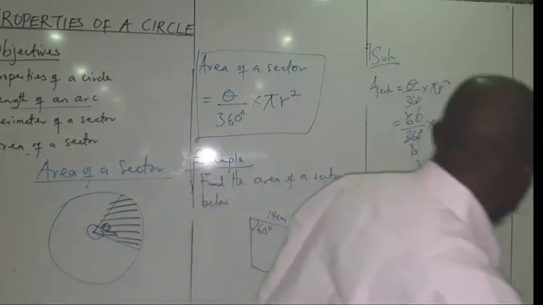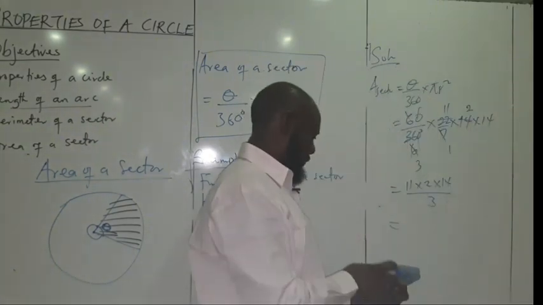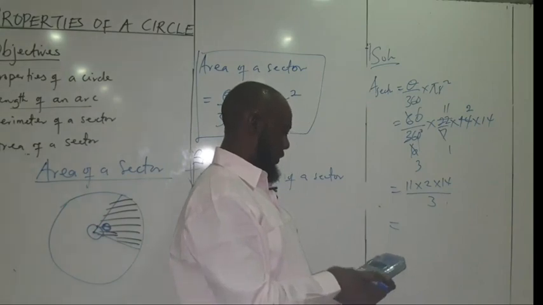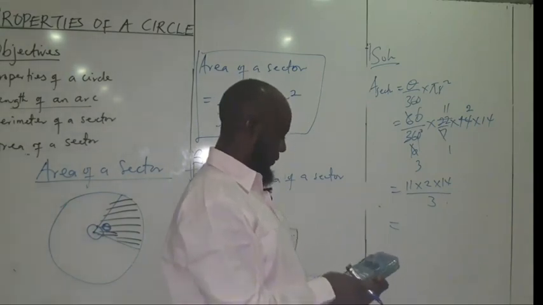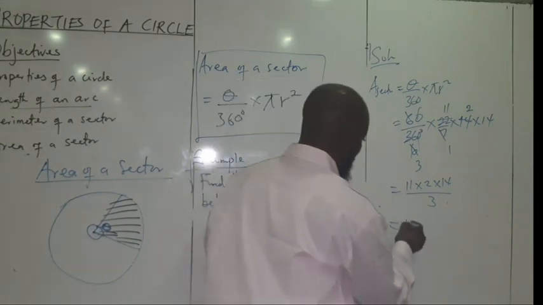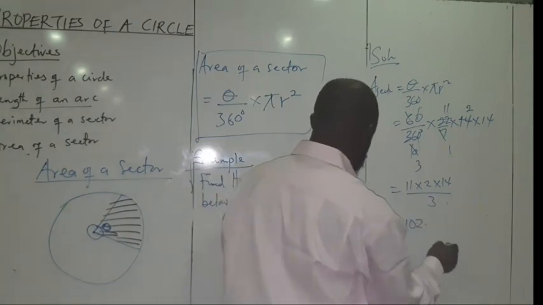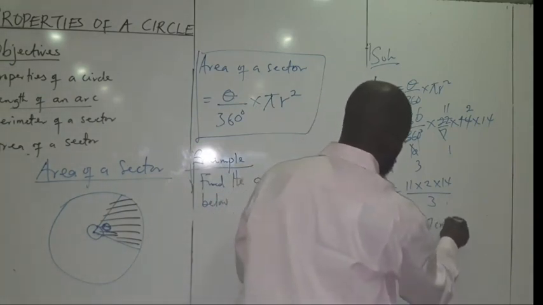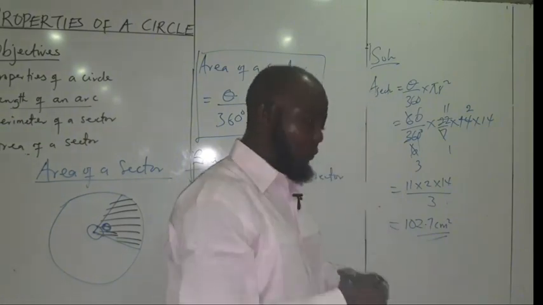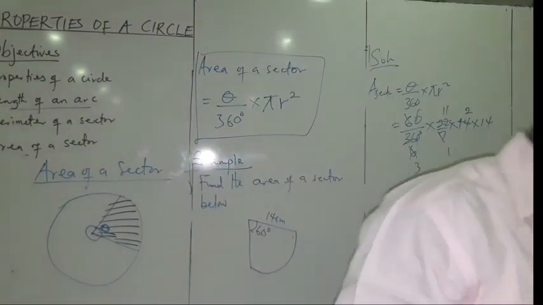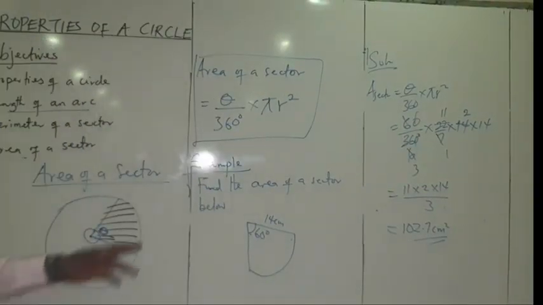So this will give us 22 times 14 times 14, divided by 3. So that gives us 102.7 centimeters squared.